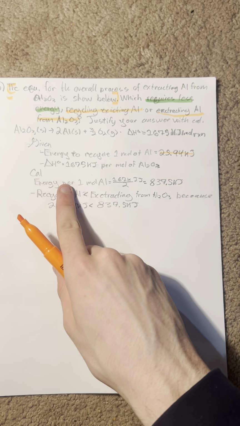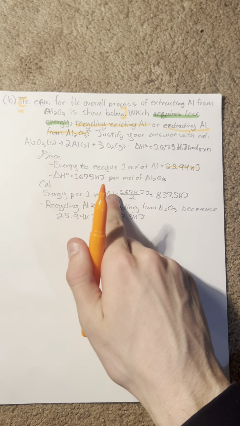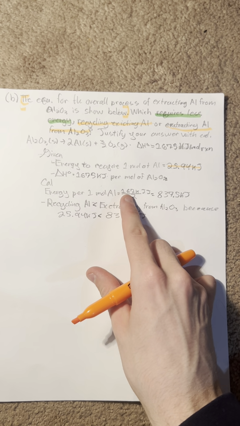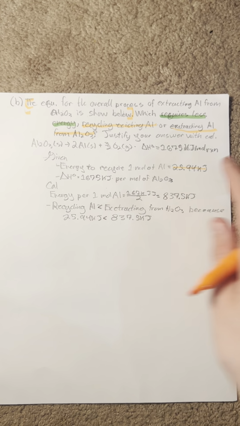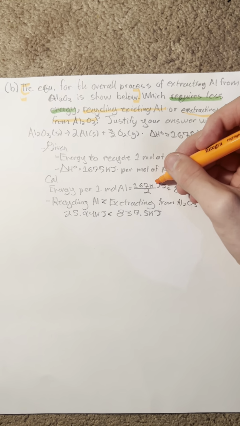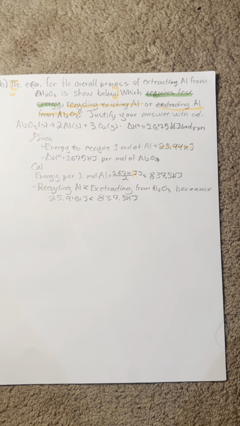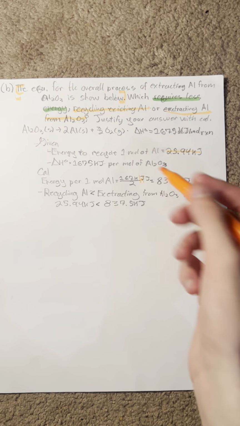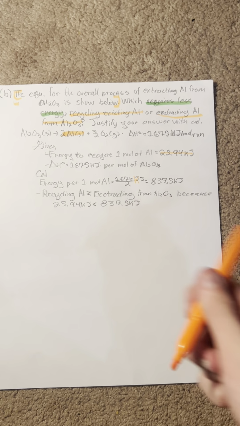The energy per 1 mole of Al is going to be the delta H, and this is supposed to say kJ, not J, over 2 because we have 2 moles of the substance.